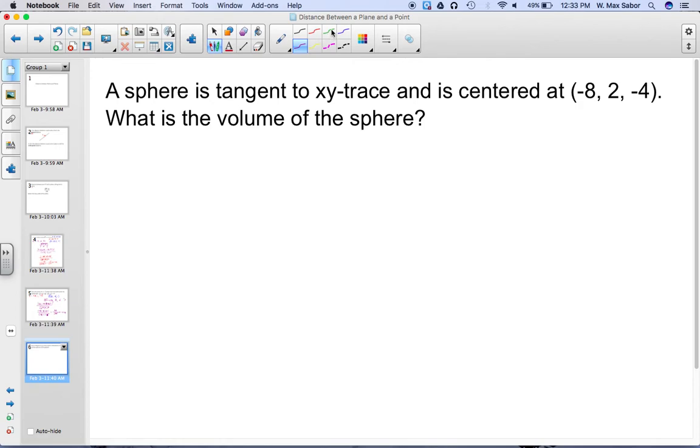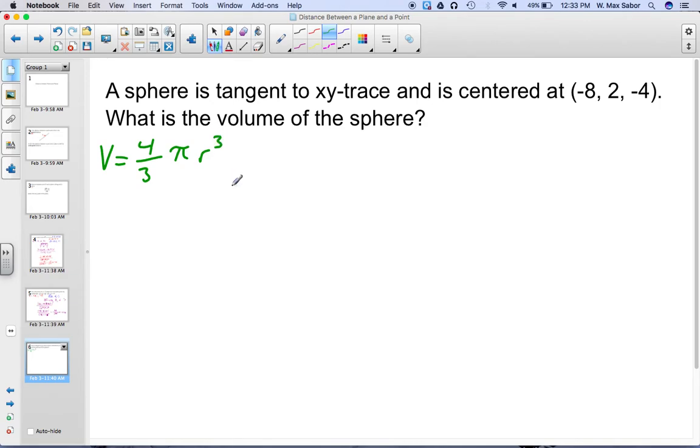One more. You should recognize this problem. A sphere is tangent to the xy trace and is centered at negative 8, 2, negative 4. What is the volume of the sphere? So, the formula for the volume of a sphere is 4/3 pi r cubed. So we want to find the radius.